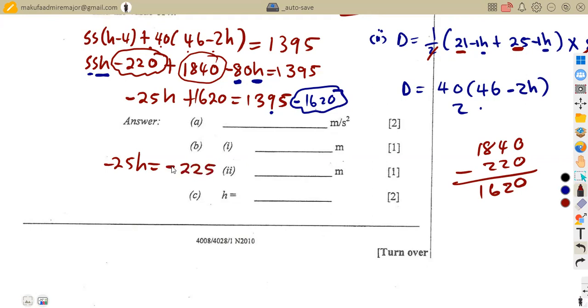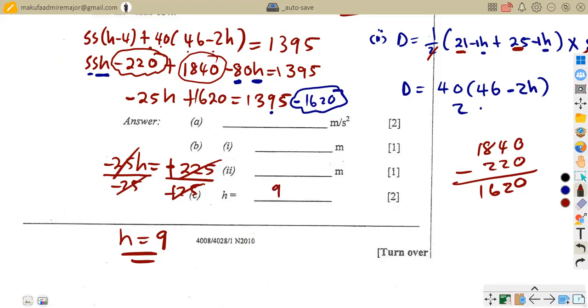You multiply that by a negative because we are subtracting the bigger value from the smaller. So to find h, simply divide by negative 25 both sides. So h is going to give us a positive 225 over 25. That's going to be 9 in this case. So h is going to be equivalent to 9. That was the whole idea of this question.